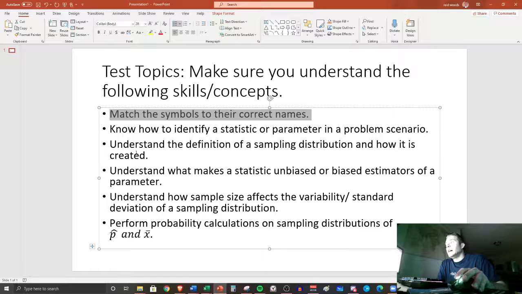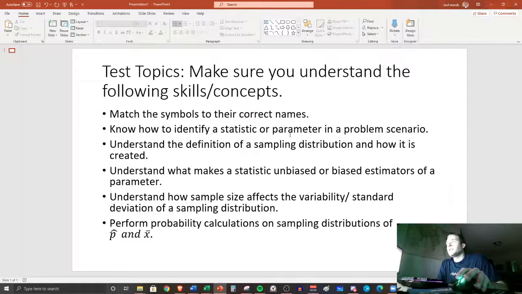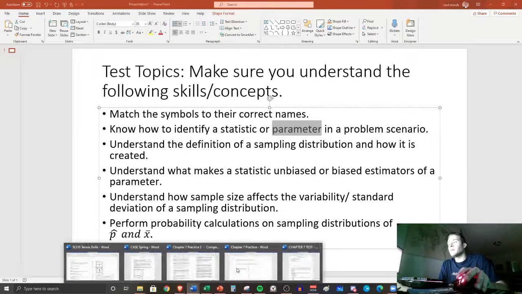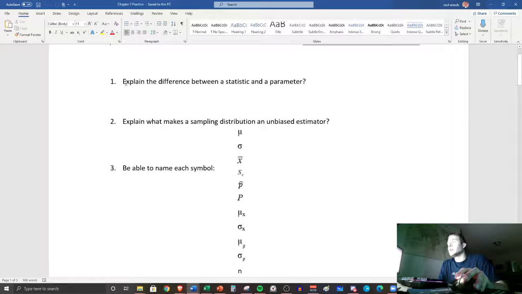Next, know how to identify a statistic or parameter in a problem scenario. So we should have the definition of a statistic and a parameter. Remember, a statistic describes a sample. A parameter describes a population. That was also one of the questions on here, which is explain the difference between a statistic and a parameter.